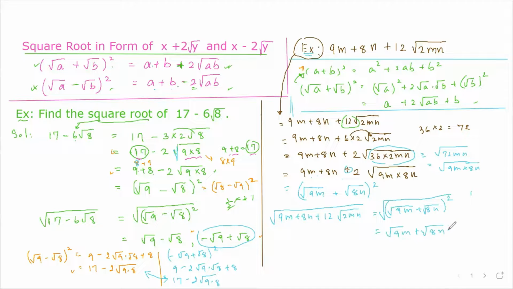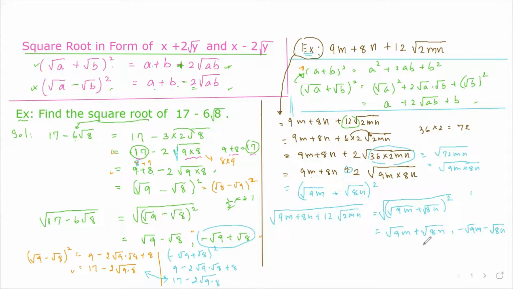So again, this one can be another answer: minus square root 9m minus square root 8n. Oh, sorry, this is a plus, right? So this should be, or this one, okay, minus, correct. So it can be this answer or this answer, right? Can be both, that's two answers.